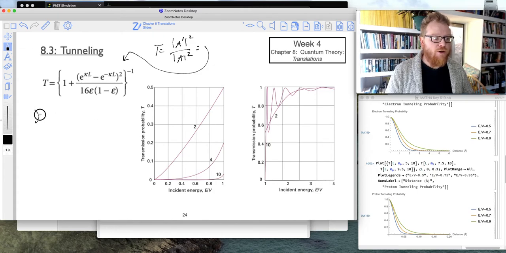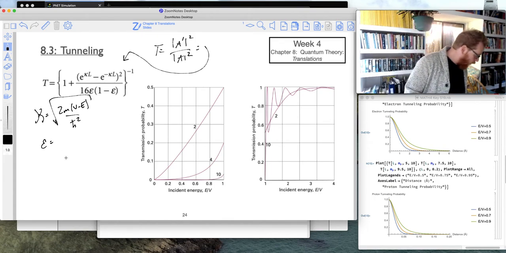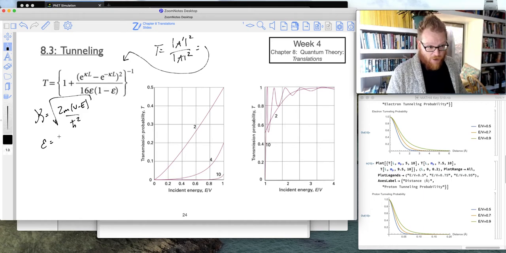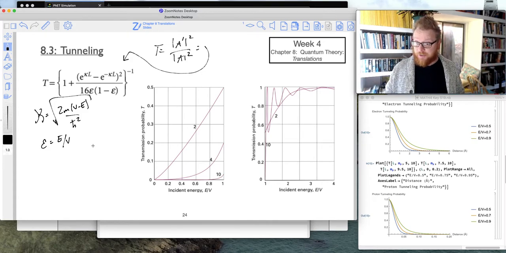So I'll remind you that kappa was equal to the square root of 2m(V minus E) over h bar squared. And now this eta that we see right here, that's the ratio of E over V, okay? So that is a ratio of the particle's kinetic energy to its potential energy, all right?